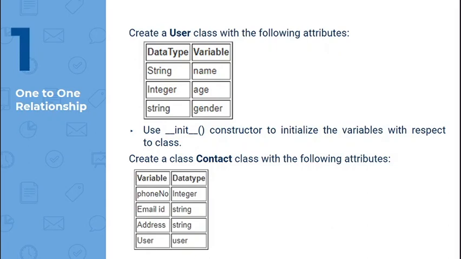That is why the data type is given as user. While implementing it, we will find out how we are going to use the user object. So this user object is where the one-to-one relationship comes in.